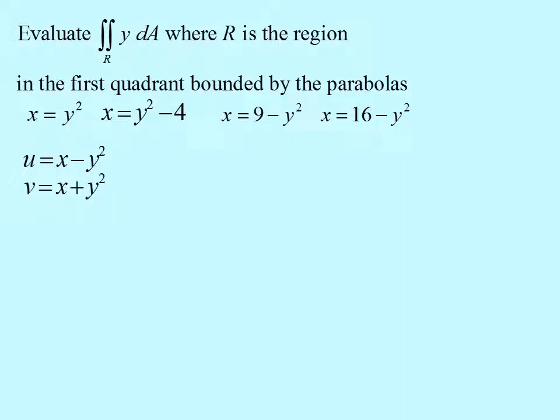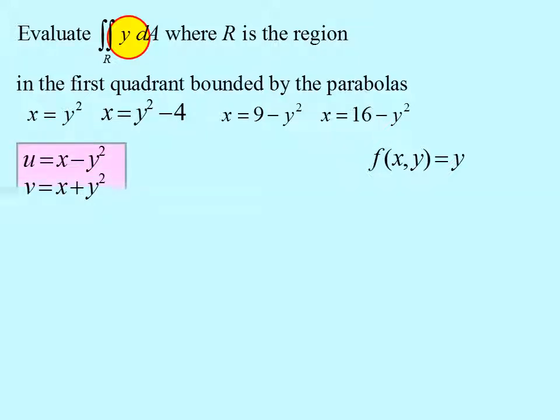So here's what we've decided to use for the u and the v. Now our function, which is just a y, needs to be transformed, so we need to know what we can replace the y with.